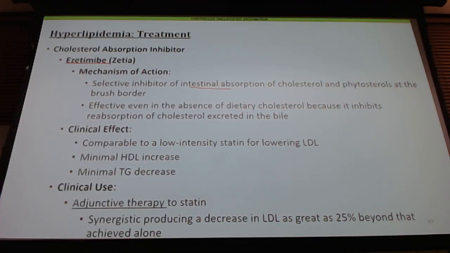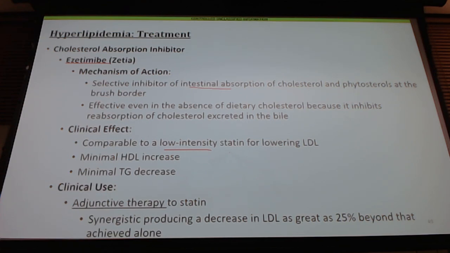And the effect that I would anticipate on my cholesterol level is the same as a low-intensity statin, just for this medication. So as an adjunctive therapy to a statin, you can see that synergistic improvement in your cholesterol levels.